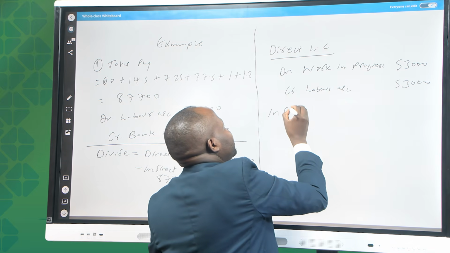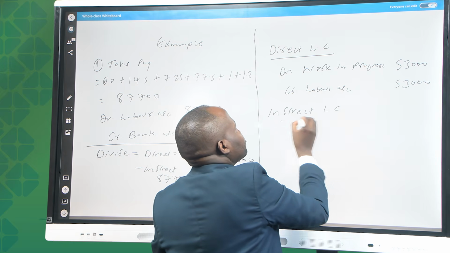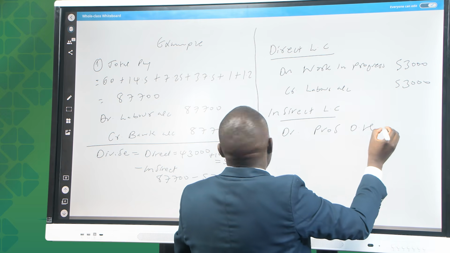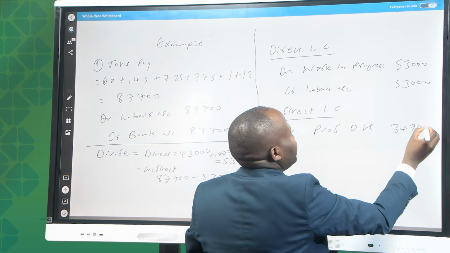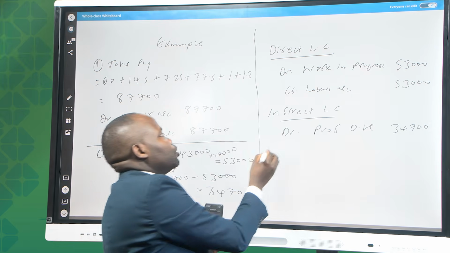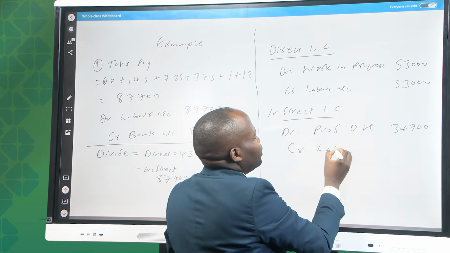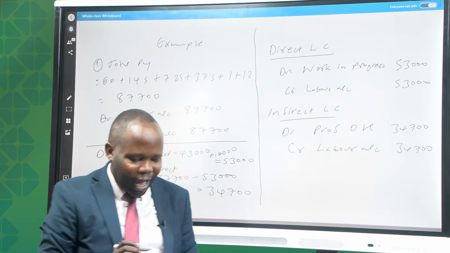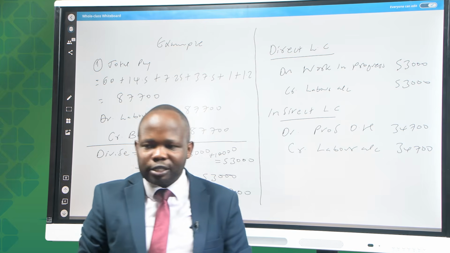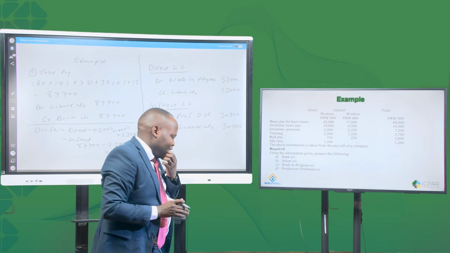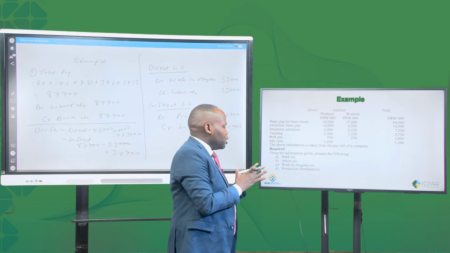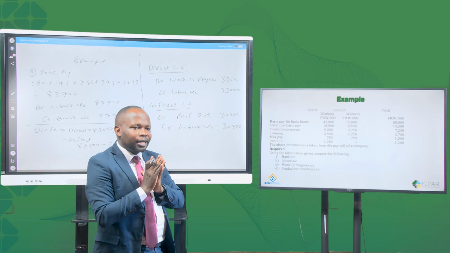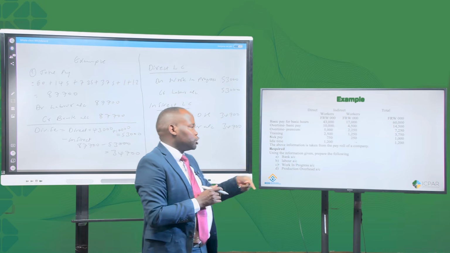And for indirect labor cost, you debit production overhead with 34,700 and you credit labor account with 34,700. And that is how we account for labor costs. Remember, we can divide the pay into either direct or indirect. Direct goes to work in progress. Indirect goes to production overheads.